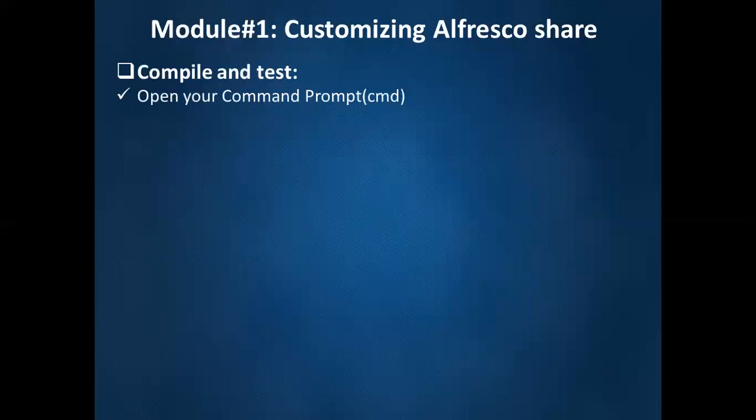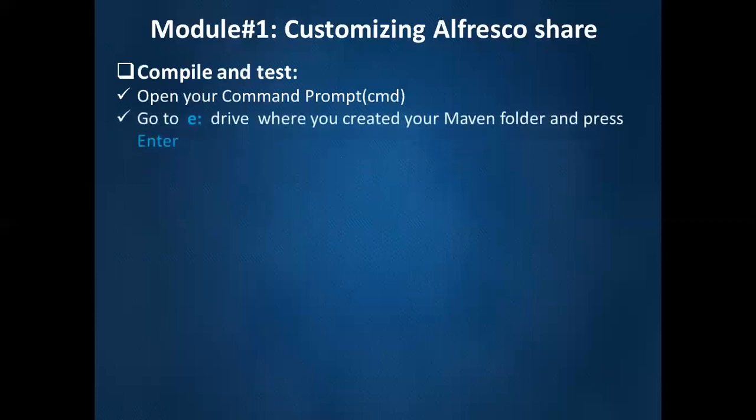First, as I told you, open your command prompt. After that, go to the E drive where you created your Maven folder, and press enter. I created my Maven folder inside this E drive, so I will write E drive. For you, maybe it's another drive, so you will write that drive.